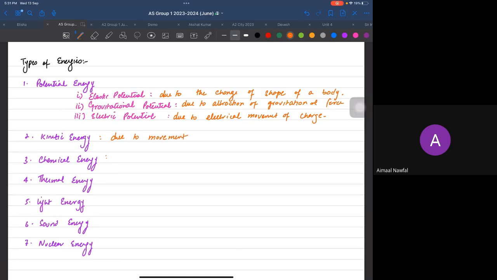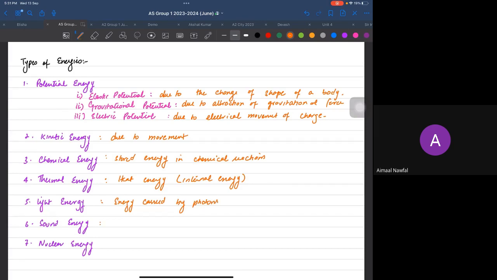Chemical energy is basically stored energy in chemical reactions. Then we have thermal energy, which is basically heat energy. It's also known as internal energy. Finally, we have light, which is energy carried by photons.